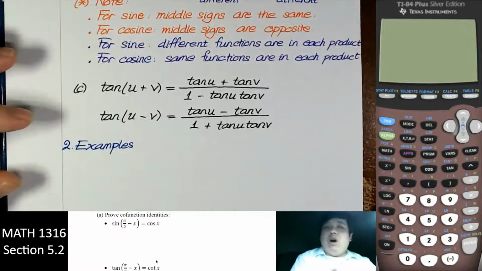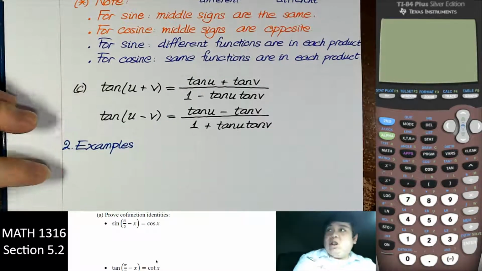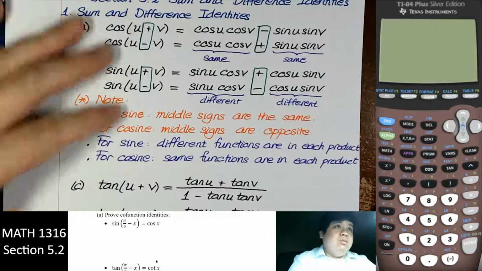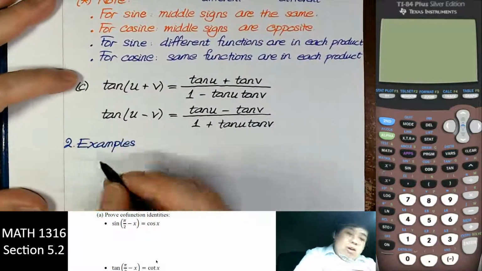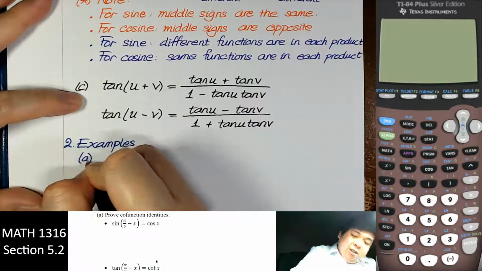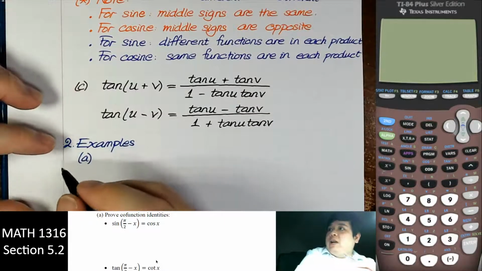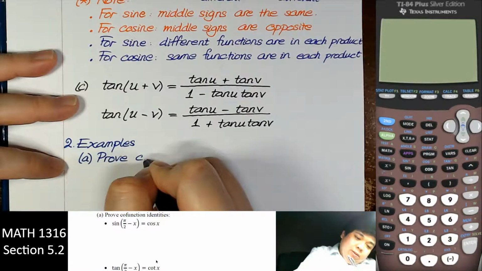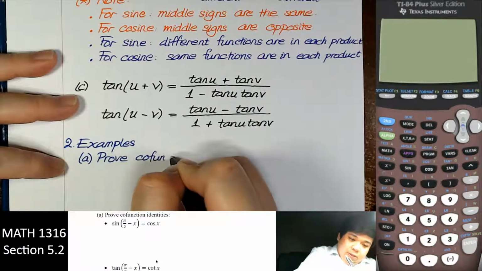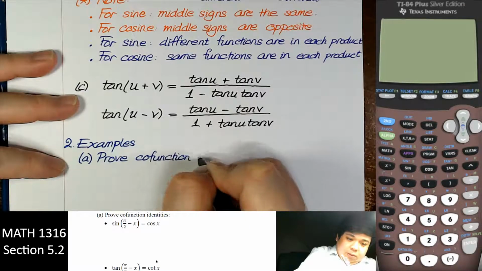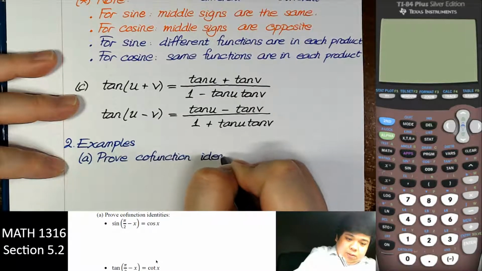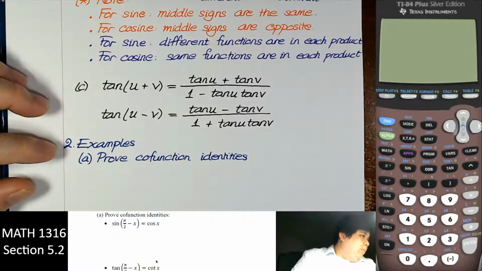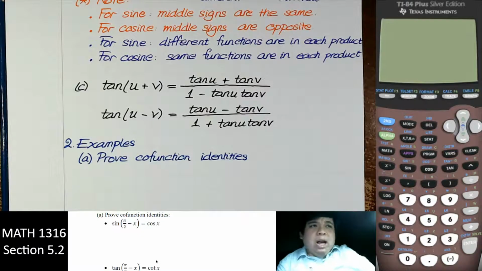Now, try to prove my point. We prove a bunch of identities by just knowing this. The first one, prove cofunction identities. Cofunction identity is way back.